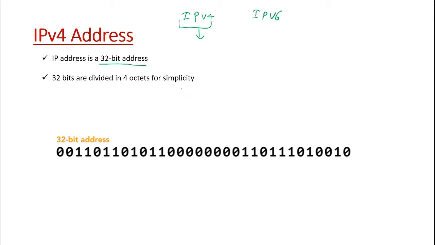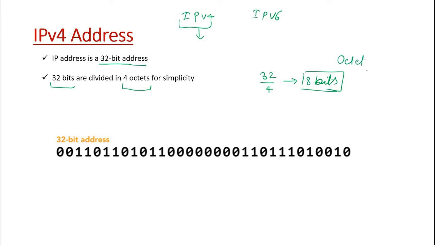So what they did is divide these 32 bits into four parts. If you divide 32 bits into four parts, how many bits will each part have? 8 bits. These 8 bits are called an octet.